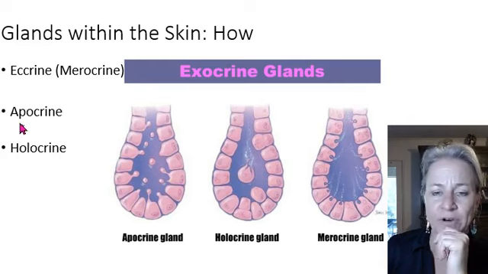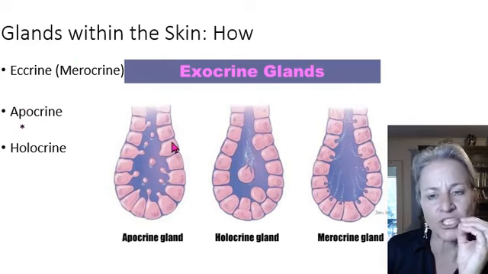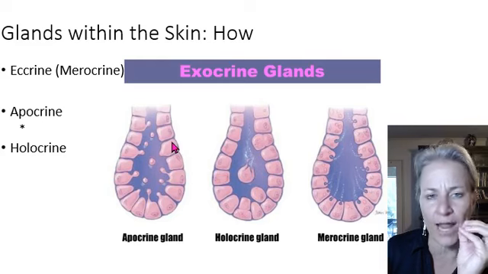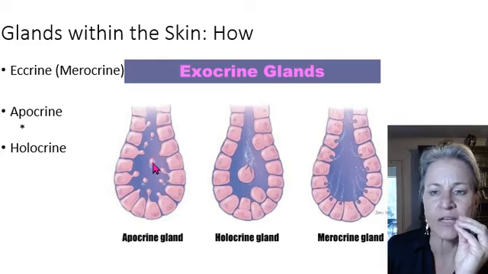The apocrine glands, the method in which they secrete, they pinch off part of the protoplasm when it secretes.